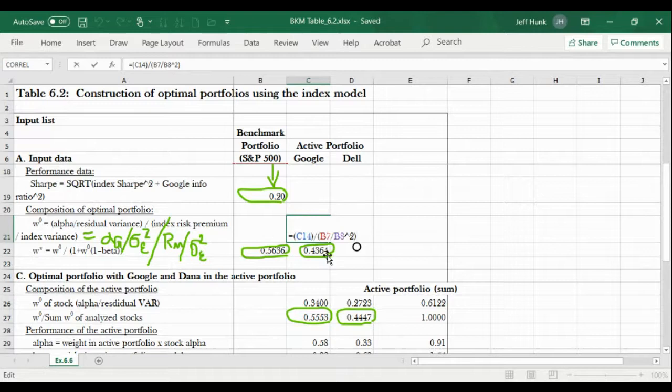Residual and error are the same thing because it's the residual of the regression or the error of the regression line. So that's the weight. Then we adjust it for Google's beta. C22 is Google, and so that's the passive weight of the passive portfolio.